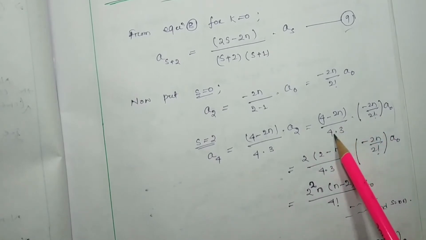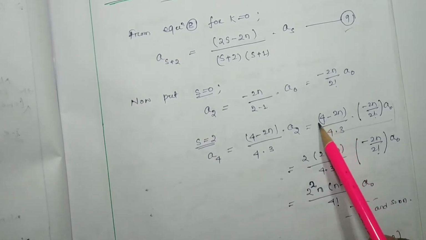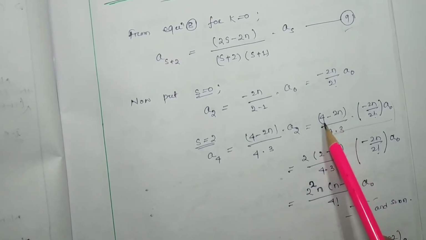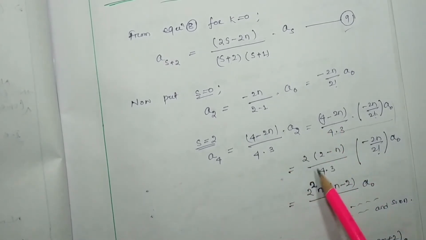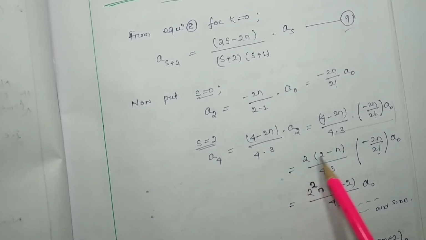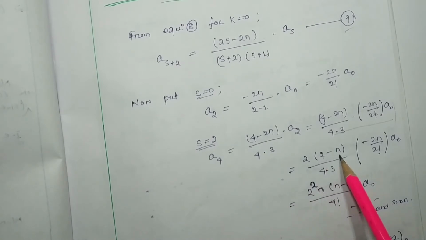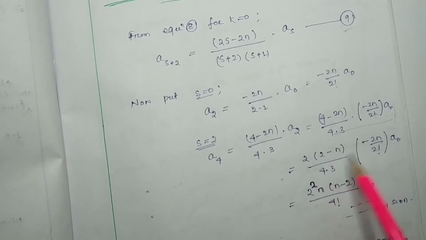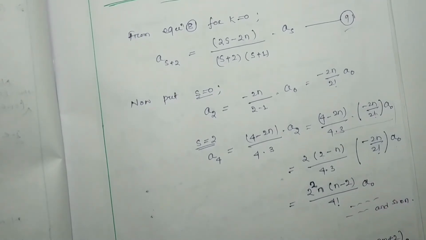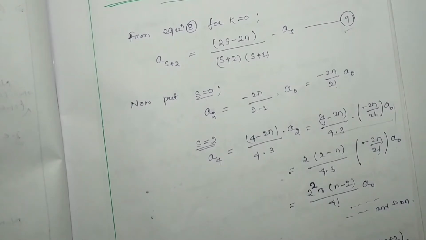From this 4 minus 2n, take 2 common. How much can you get? If we take 2 common, it will be 2 into (2 minus n) by 4 into 3 into minus 2n by 2 factorial into a0.